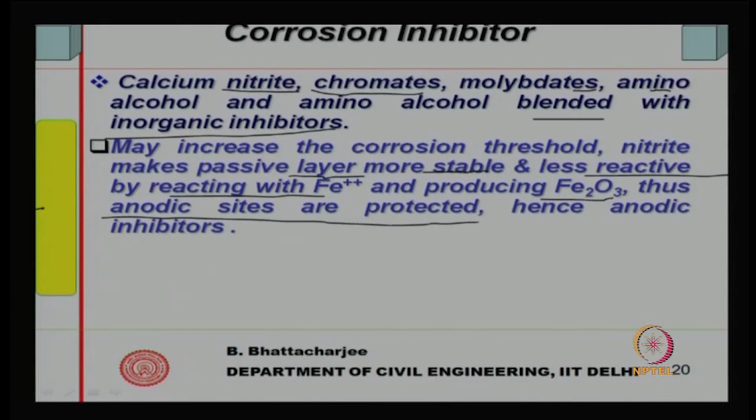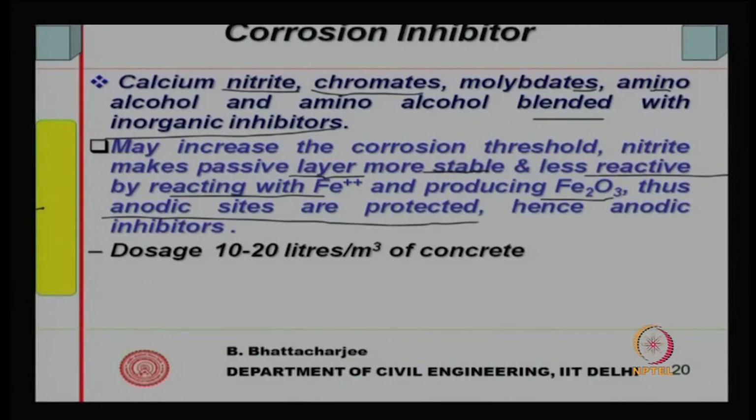So, these are anodic inhibitors. Anodic inhibitors actually protect the steel by ensuring that oxides are formed and are stable at the surface of the steel. So, that iron does not get dissolved, the protective layer protects it. These are called anodic inhibitors.